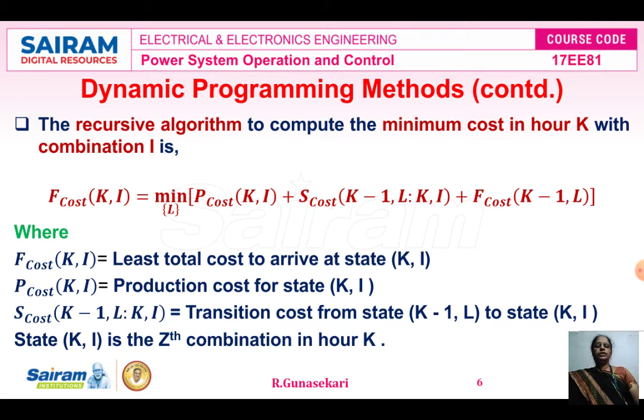Okay, so in the formula, F cost (K, I) is nothing but the least total cost to arrive at state (K, I).